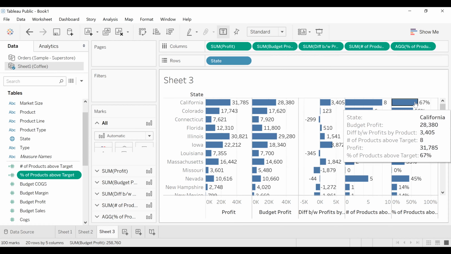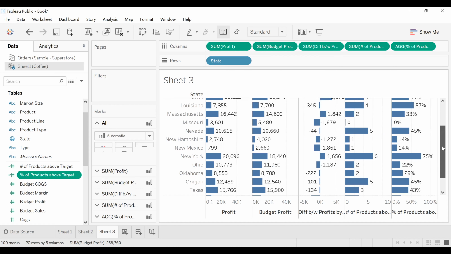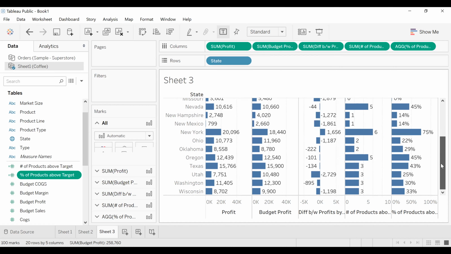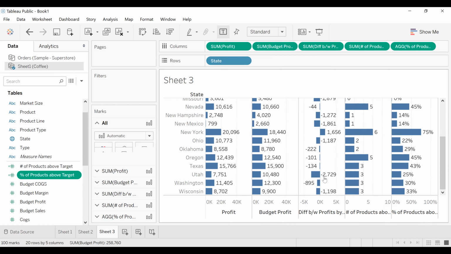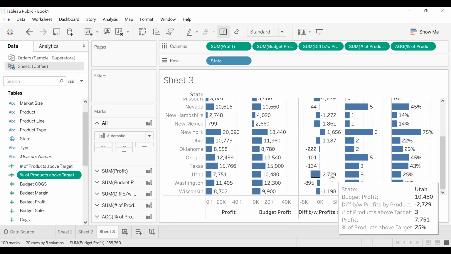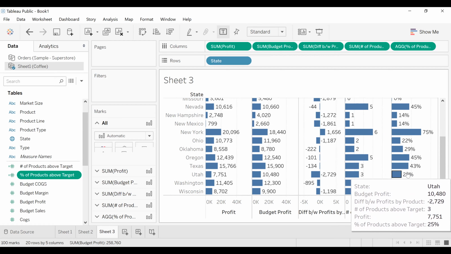Understood, right? So if you see, even though this is negative 2729, it is way far from meeting the target, it is somehow 25%, we can say it is above the target.